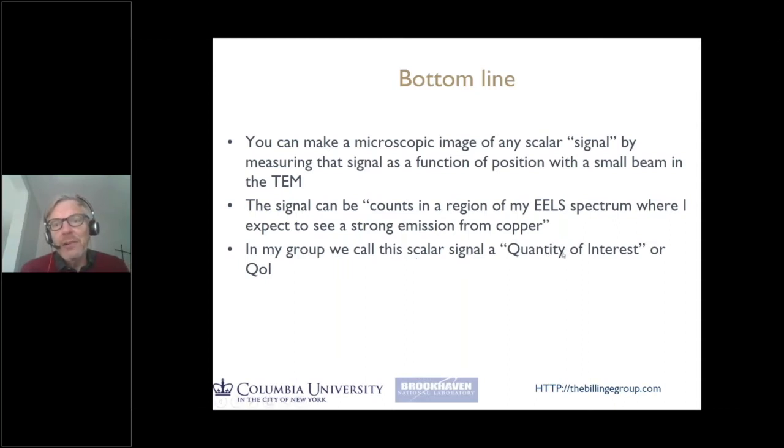And in my group, we call them the quantity of interest. And then we can map that as a function of position. So we have a lot of fun in the group actually coming up with different kinds of quantities of interest. So a quantity of interest is just a scalar quantity that you can compute from the signal coming from your sample.